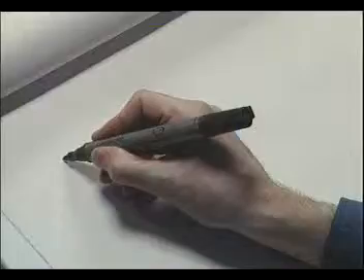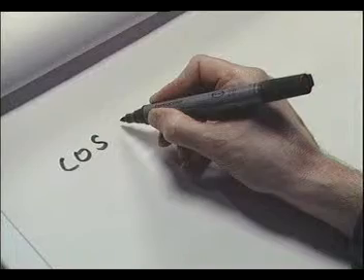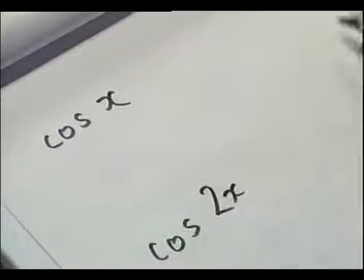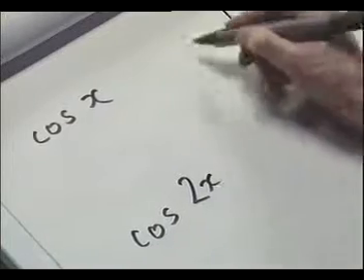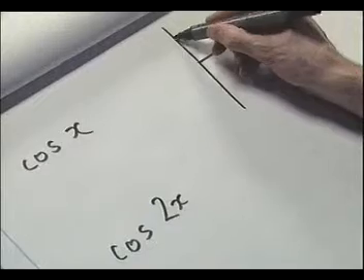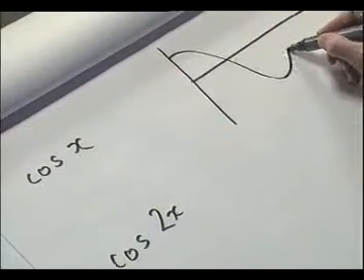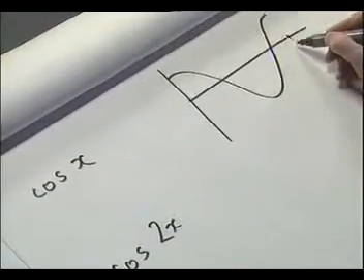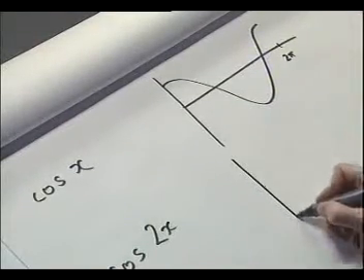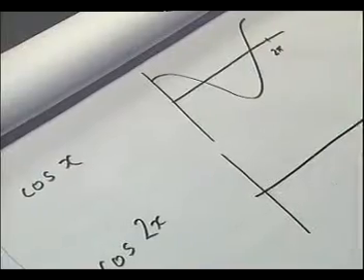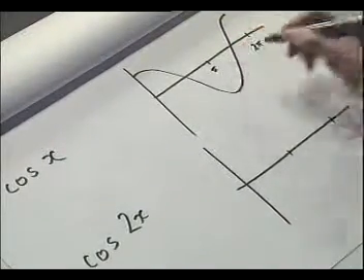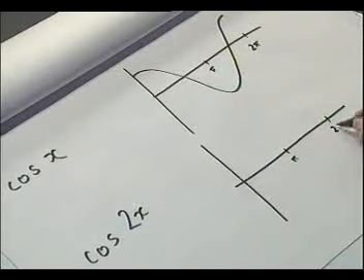Let's have a look at the graph of cos x and cos 2x. Again, between 0 and 2 pi. So there's our graph. What about cos 2x? Mark the points in the same positions.